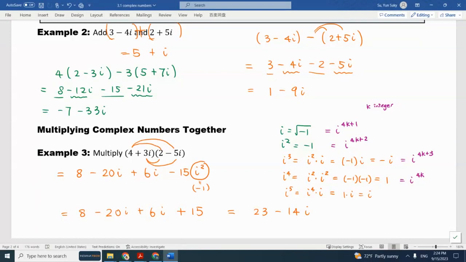Because 2023 divided by 4, what do you get? 505, right? And then the 2, not enough. 3, you need the 5. Your remainder is 3. So this is like i to the 4 times 505 plus 3. So it's like this type. So you look at the remainder and then you can see.